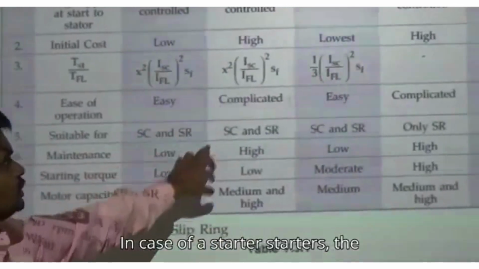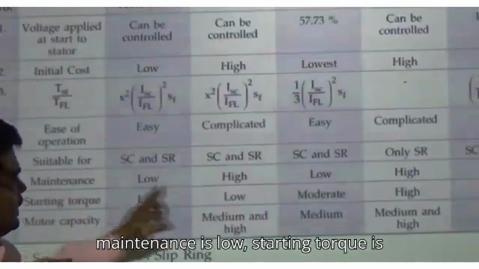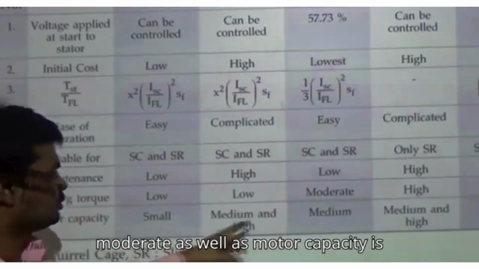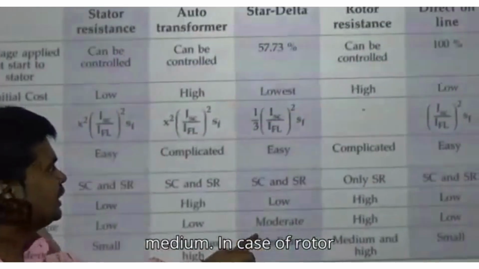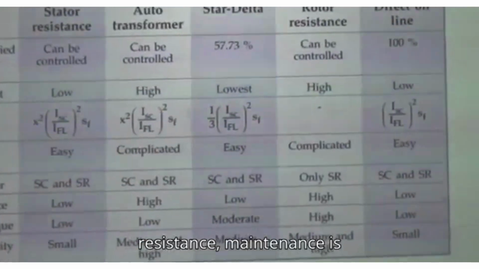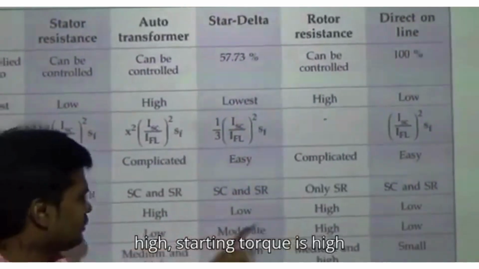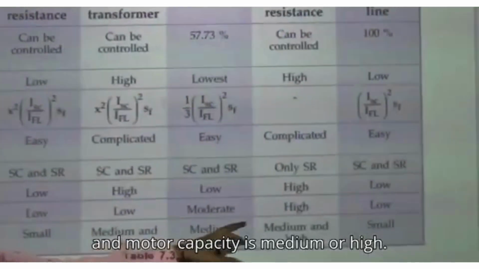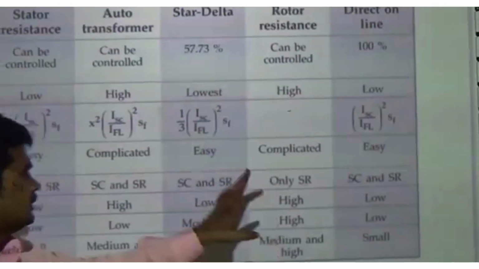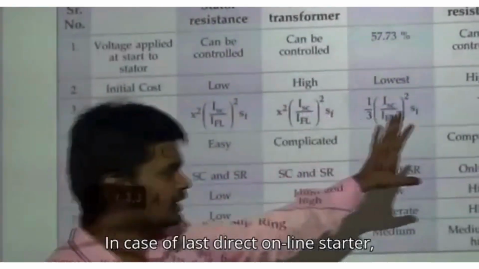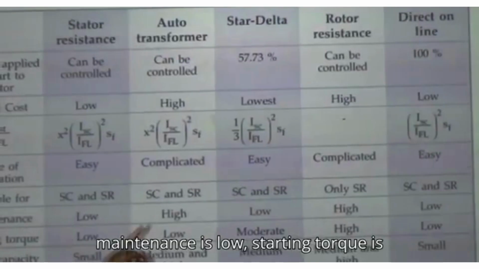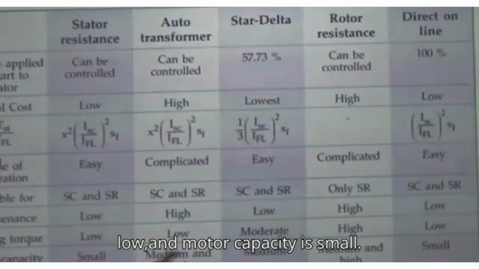In case of star delta starters, the maintenance is low, starting torque is moderate, as well as motor capacity is medium. In case of rotor resistance, maintenance is high, starting torque is high, and motor capacity is medium or high. In case of the last, direct online starter, maintenance is low, starting torque is low, and motor capacity is small.